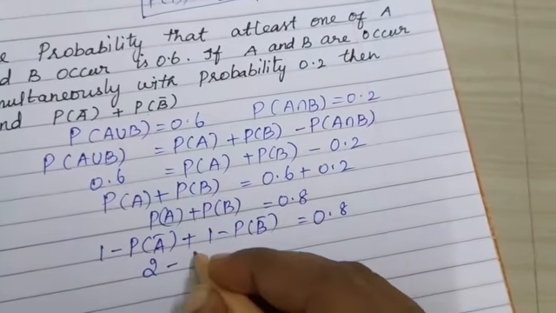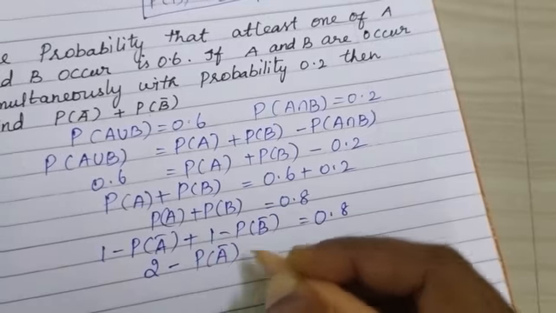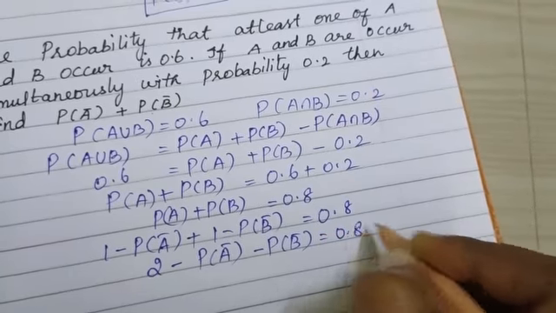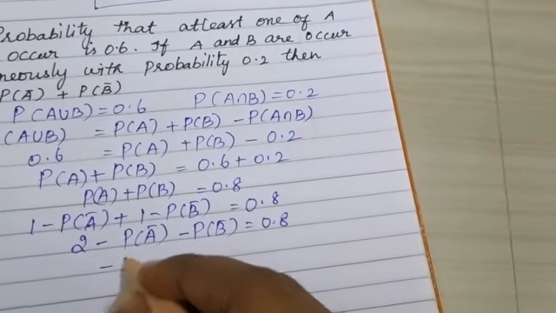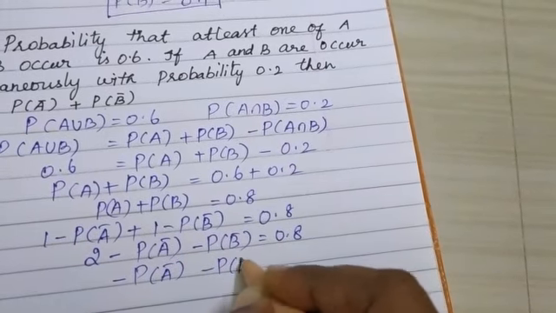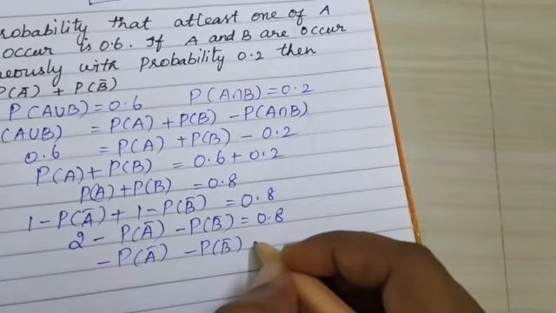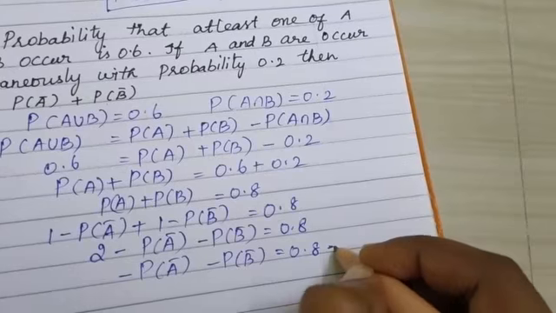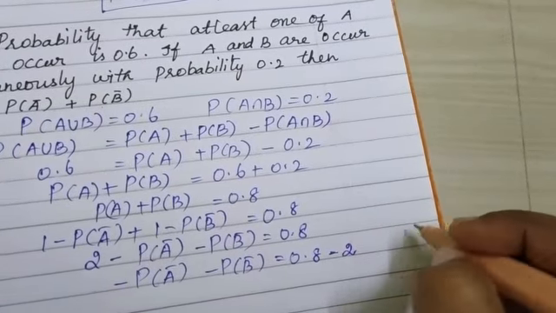So 2 minus P of A dash minus P of B dash is equal to 0.8. This 2 comes to this side, changes into minus 2.